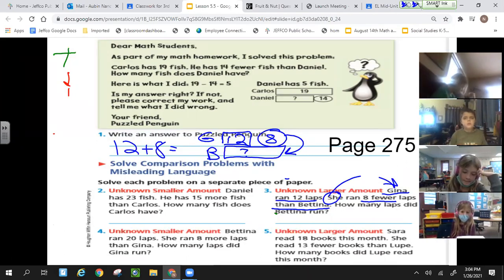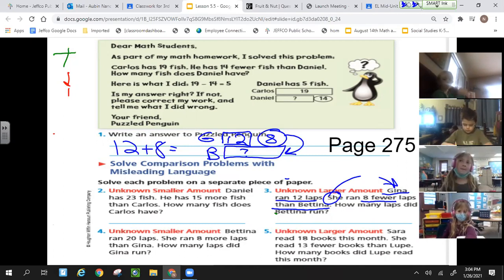Okay, 20. If you agree with Ben, stand up and jump one time. If you did not jump, I'm wondering why. 12 plus 8 is 20. Okay, you can sit down.